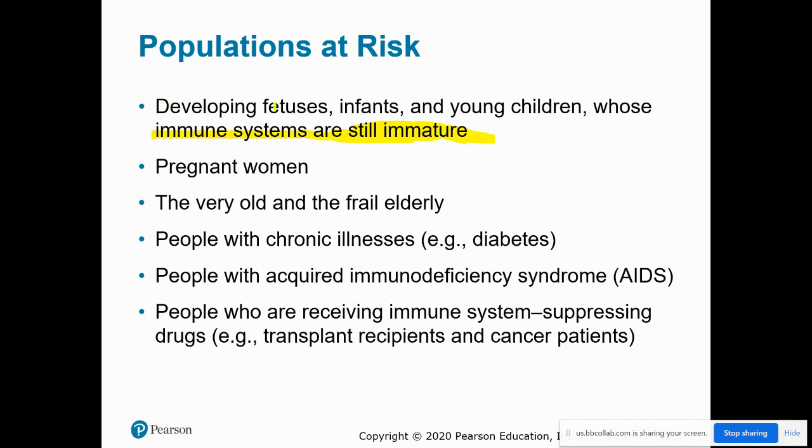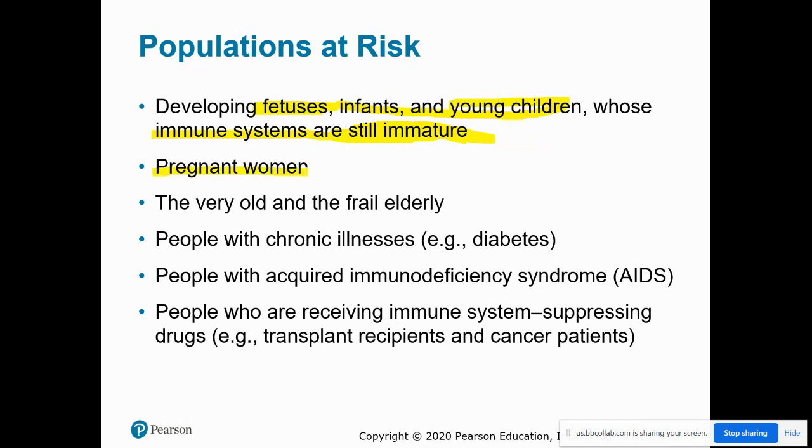So certainly fetuses, and sometimes we don't think about that, but if a person is pregnant and carrying a fetus, and the pregnant person gets exposed to any sort of food-related illnesses, actually the fetus is at a pretty high risk, depending on the contaminant, because the fetus hardly has its own immune system at that point. And then, of course, infants and young children whose immune systems are still very immature and developing.